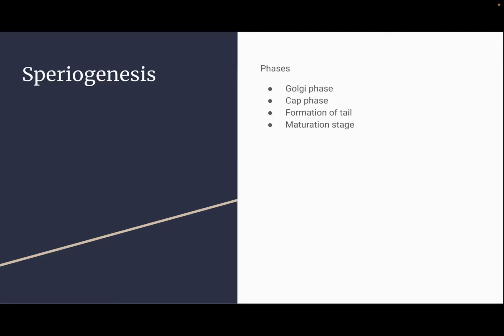We also have the formation of the tail, and we have the maturation stage. These are all four stages that are important for sperm formation in order to be able to fertilize. Without one step or another, it won't be able to actually fertilize an egg to produce an embryo.